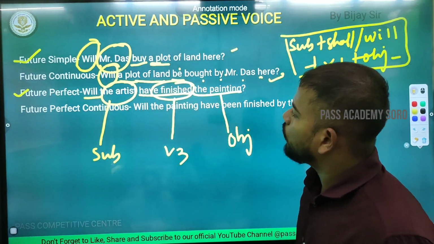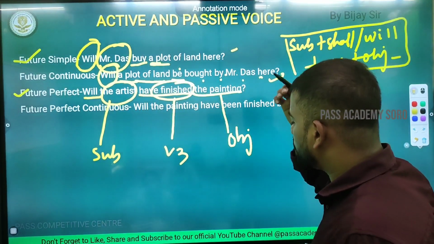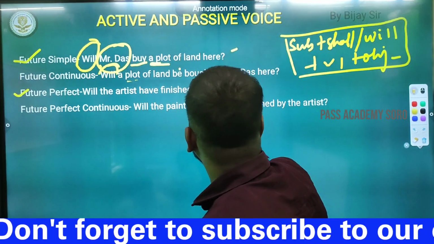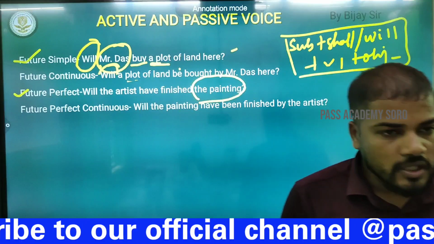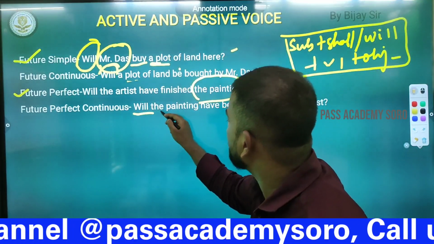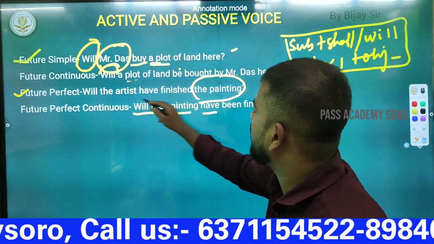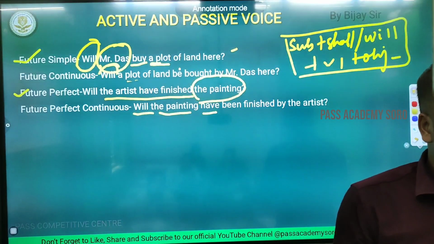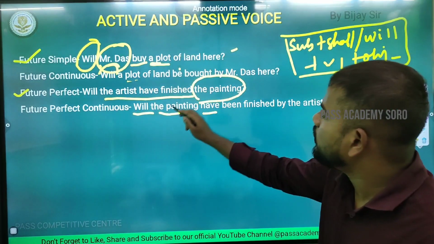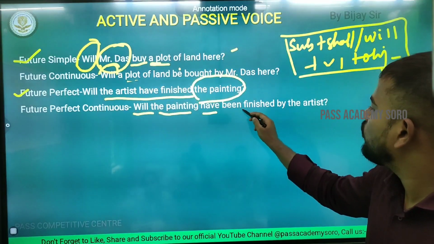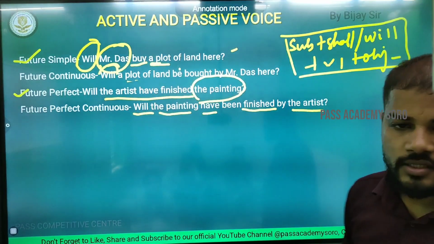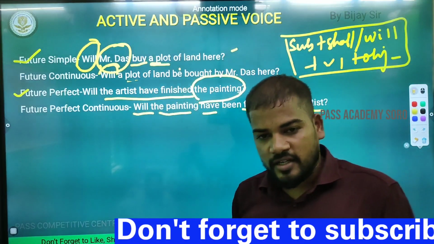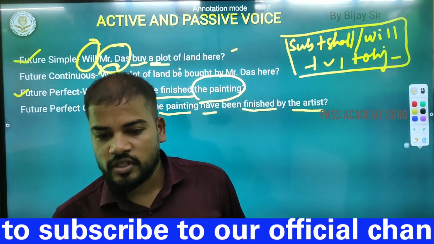According to the rule, the painting comes to the subject place. So, will the painting have been finished by the artist? Clear? I hope you understood how to change an interrogative sentence into passive voice, dear students.